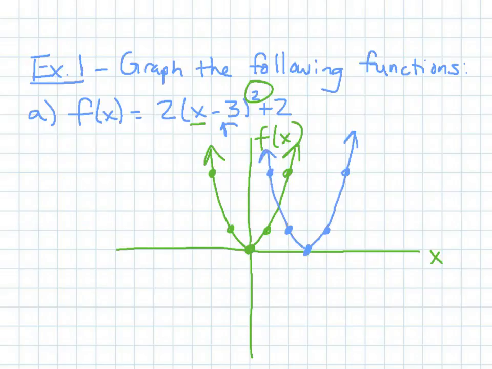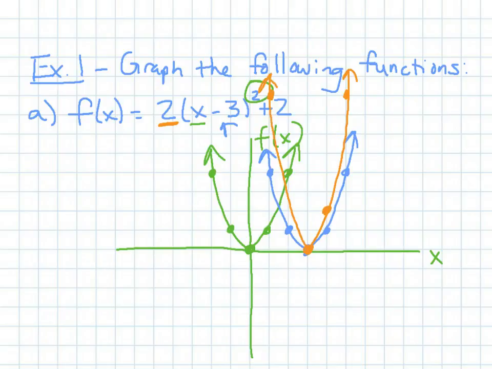Okay? And then we want to multiply. So then we're going to vertically stretch our function. So every y value becomes times 2. So 1 will be 2, and then 4 will be 8. Okay?